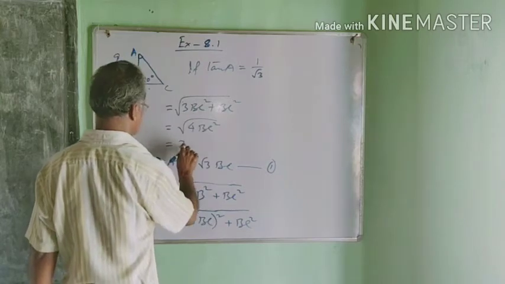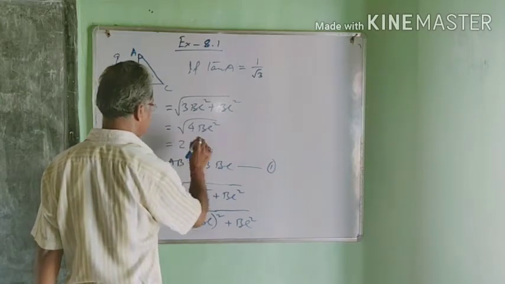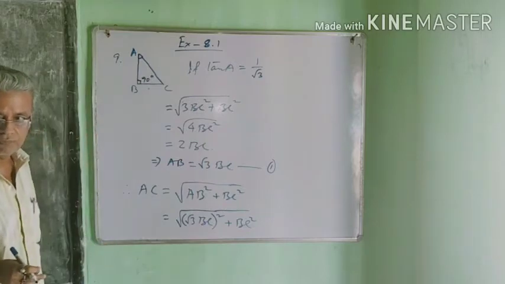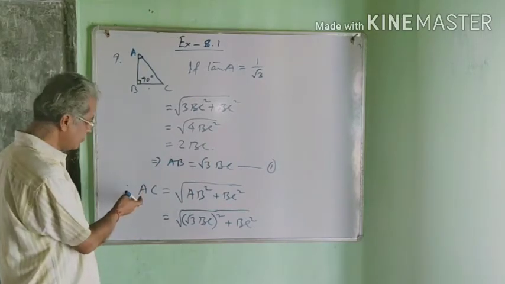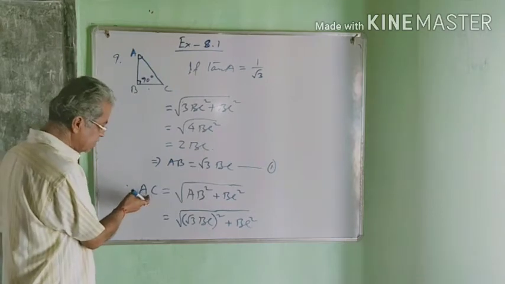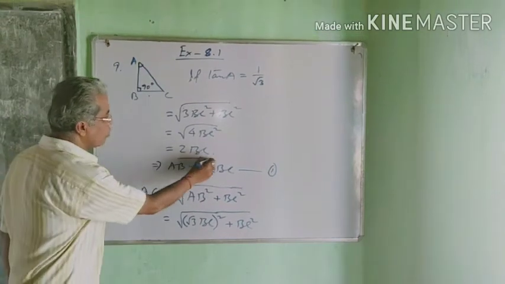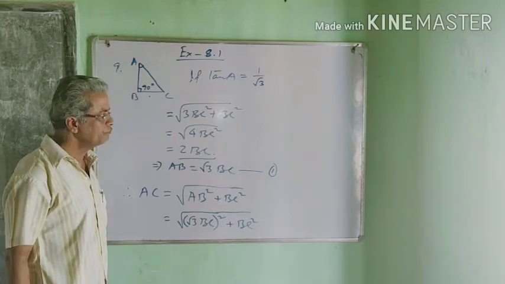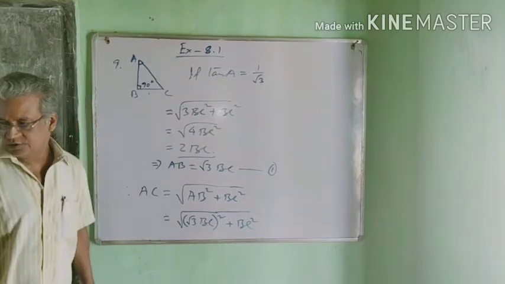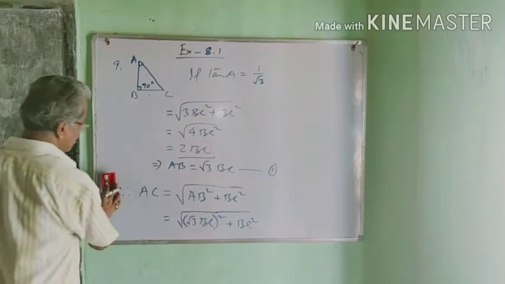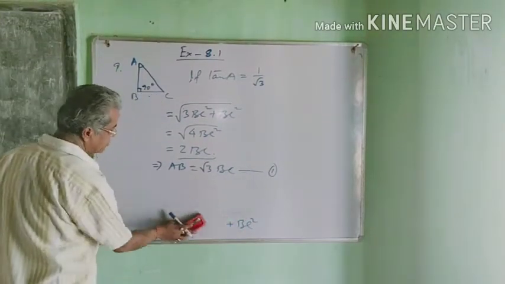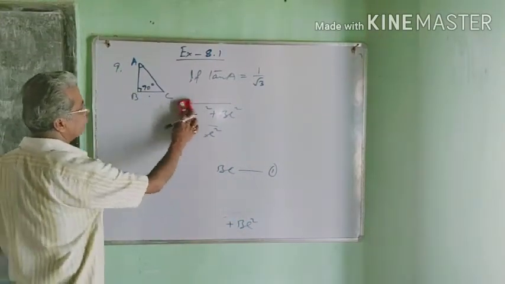The square root will be 2 BC. Ultimately, what we have found out? We have found out AC is equal to twice BC. So from this relation, we can find out whatever is given in your question.